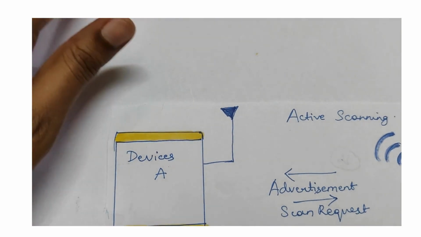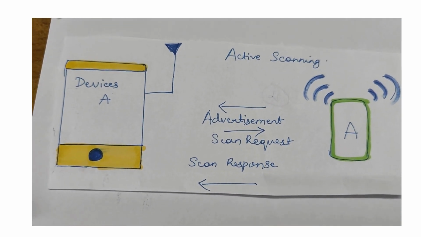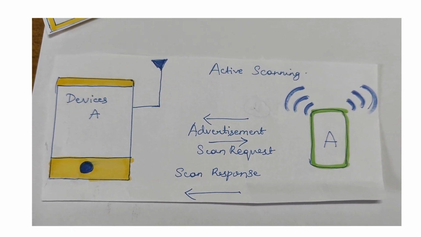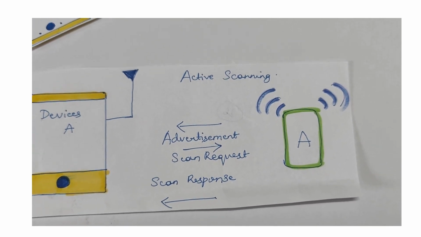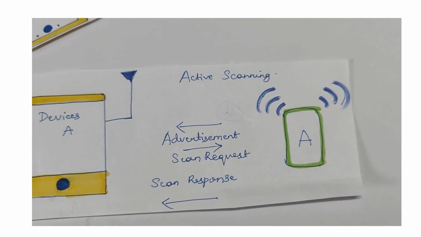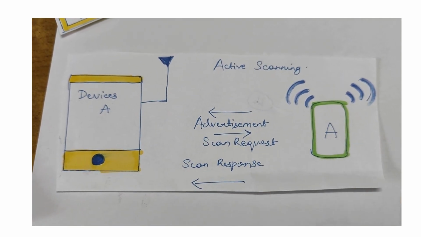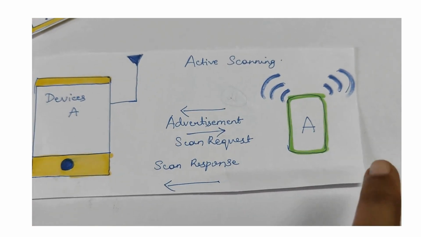Let us move on to our next type of scanning, that is active scanning. In active scanning, the scanner listens to the advertiser and issues something called a scan request, to which the advertiser responds with a scan response packet. The advertisement is sent from the advertiser and this device provides a scan request.